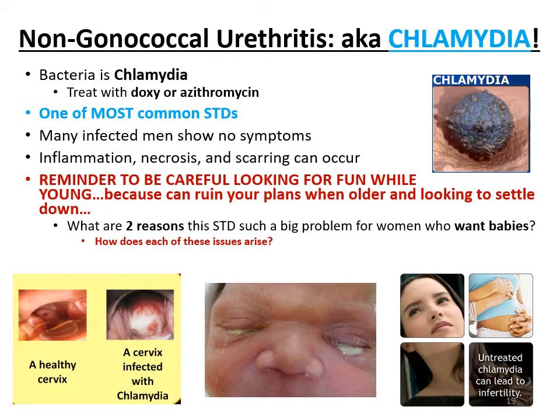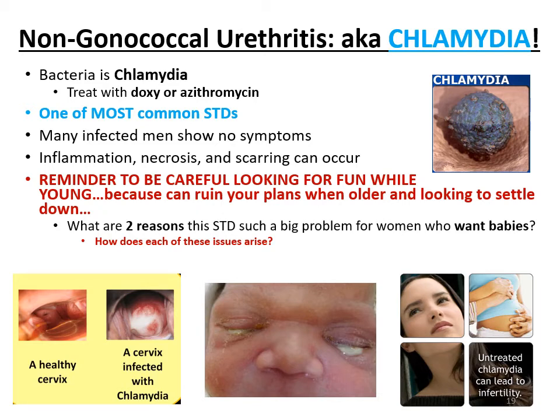which is chlamydia. And chlamydia is another infection where the two big reasons that chlamydia is such a big problem for women who want babies is that it leads to conjunctivitis, so again, eye infections in babies, and infertility because of the damage that it does to the reproductive organs.